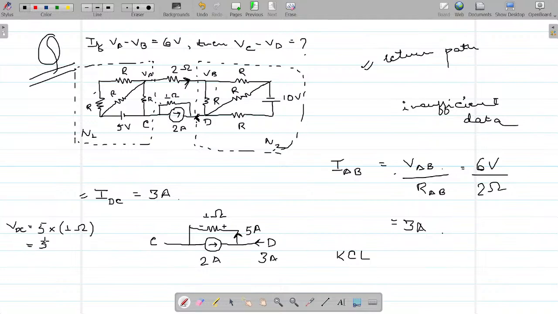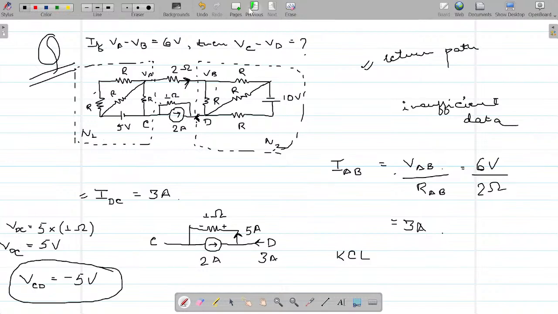Can I say VDC is equal to 5 volt? But what was asked to you in the question? VCD. So what is VCD? Minus 5 volts. Easy question.